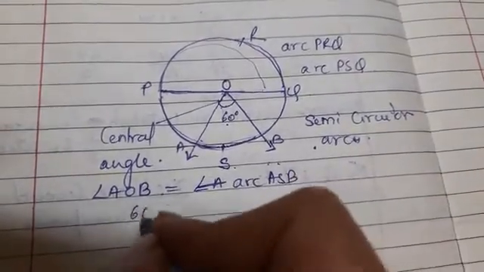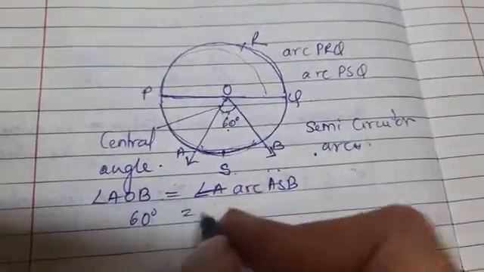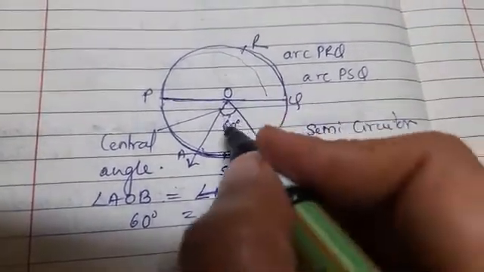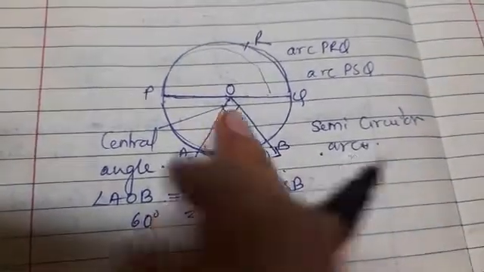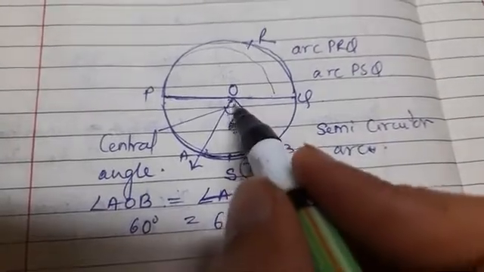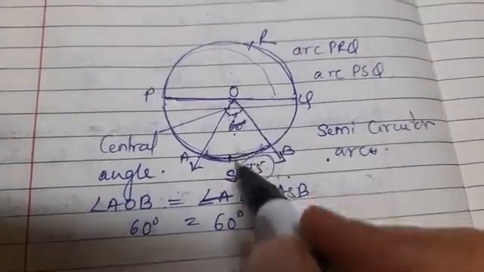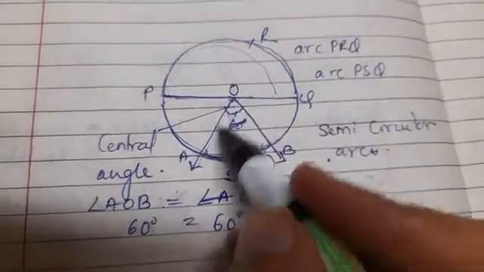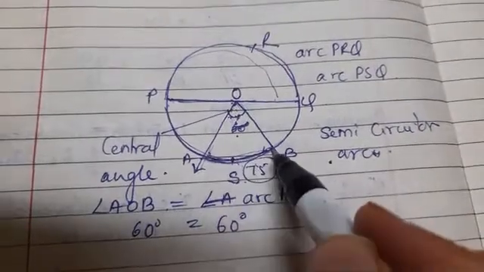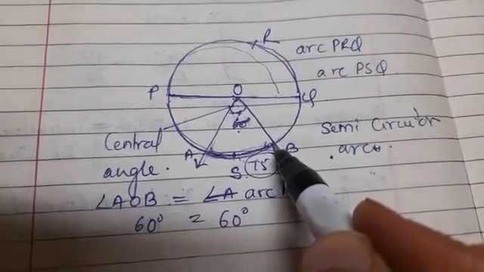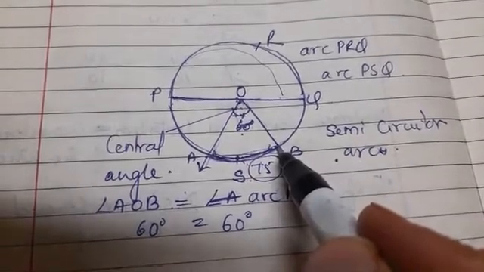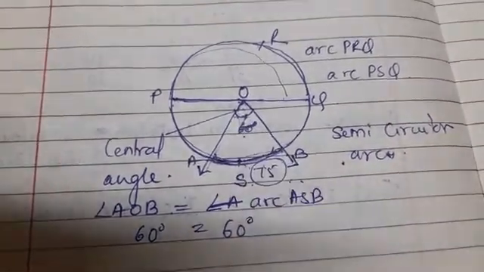So if this is a 60 degree angle here, the arc will also be 60 degrees. If the arc is 75 degrees, suppose, then the angle will also be 75 degrees, because when within the central angle formed you have an arc, then this angle and this arc have the same measurement.